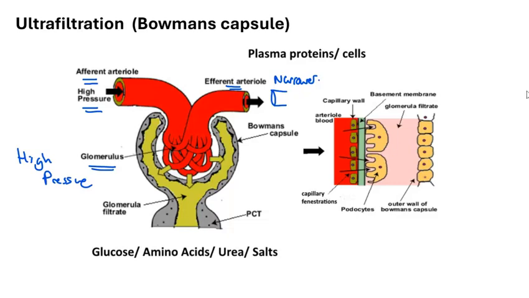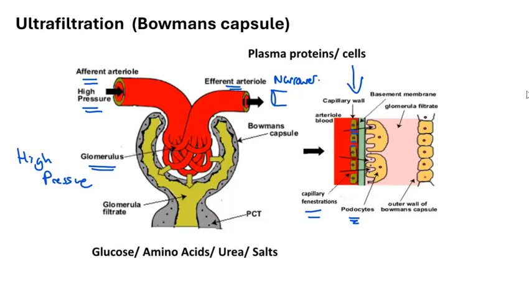Now, this high pressure, this hydrostatic high pressure, is the force required to bring about the filtration process. But when we go looking for the filtering structure, it turns out not to be the wall of the capillaries, which have gaps in them called fenestrations, capillary fenestrations, and nor in the walls of the Bowman's capsule called podocytes, as they also have gaps.